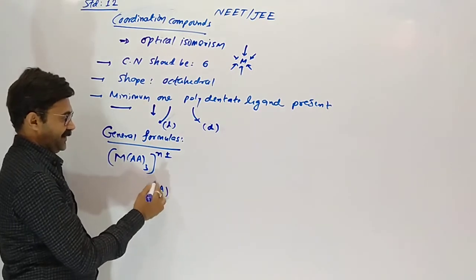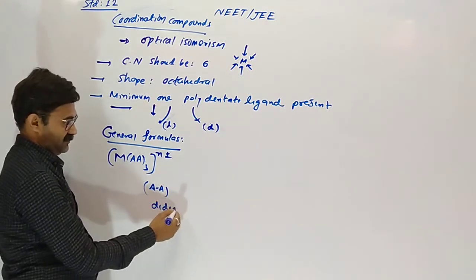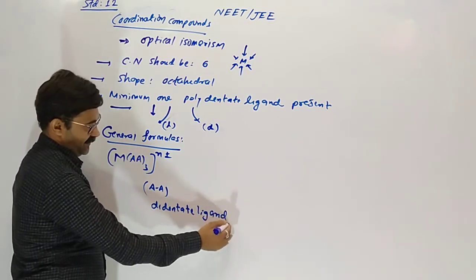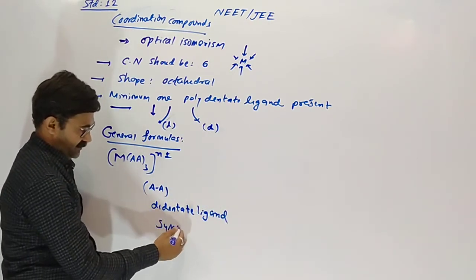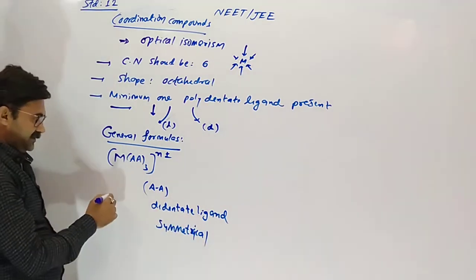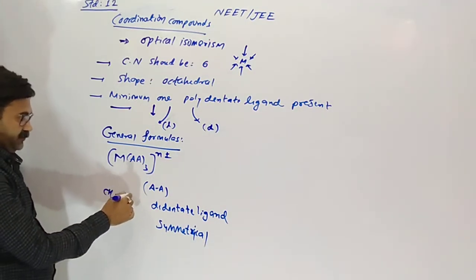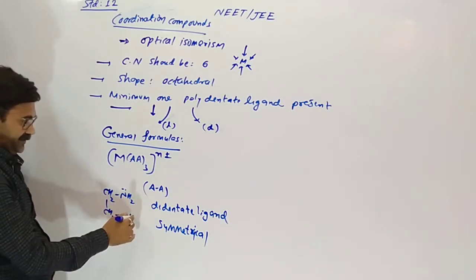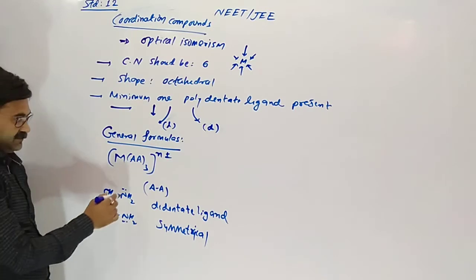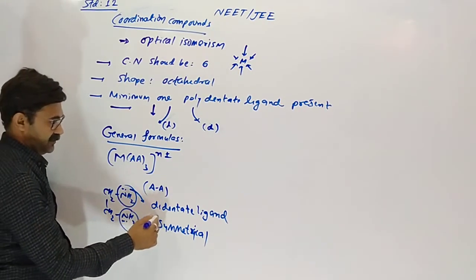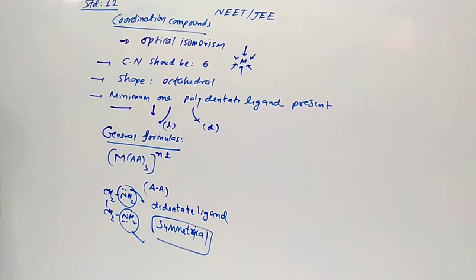AA means didentate ligand, and symmetrical. Ethylene diamine is an example. You can see it is didentate and symmetric, as both nitrogen atoms donate an electron pair, which is called symmetrical.